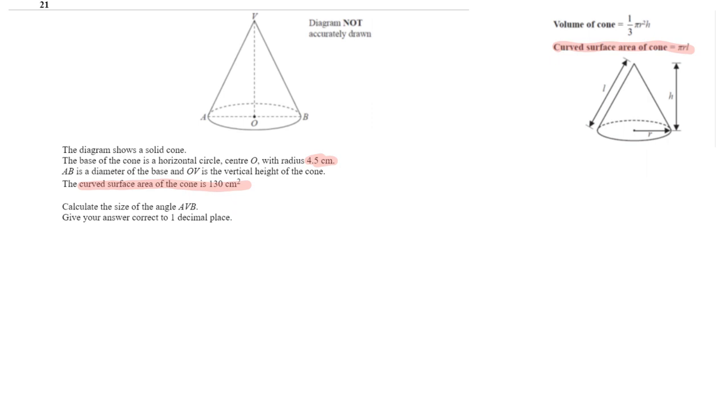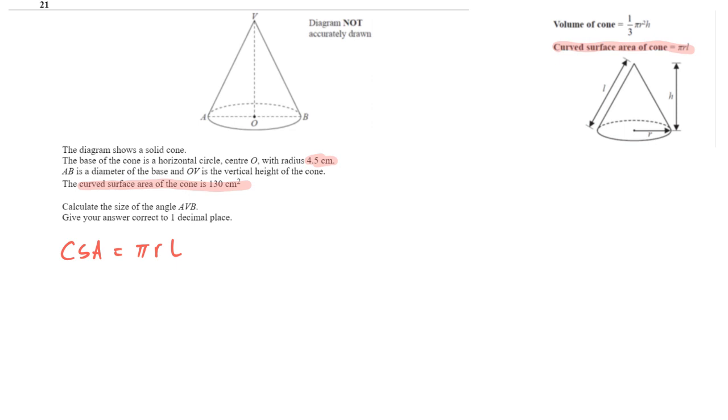So that means that we should be able to work out the length of L from the equation that's given. That means that we can work out the length OV by using Pythagoras. Let's go ahead and look at some of those things. The curved surface area is given as 130. So we know that the curved surface area, let's call that CSA, is equal to pi r l.